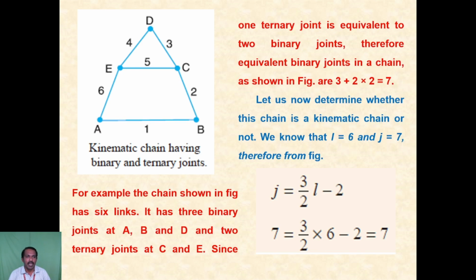So the number of links L is equal to 6. The number of joints are A, B, C, D, E. The binary joints are E and C, another column is E dash or C dash, because E and C are ternary joints. We connect the 3 links. You saw that.